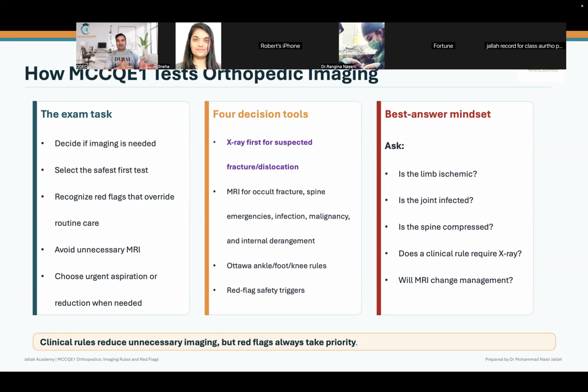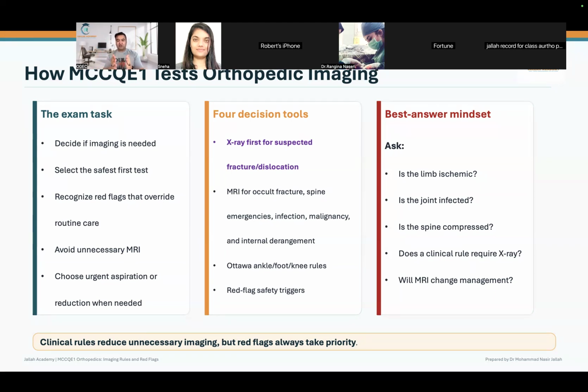So when you go inside, you take the history. Once you're done, obviously it's a combo station, you have to do a physical examination based on the history findings, and then the examiner is going to hand you an X-ray. So now you have to match this X-ray finding with the physical examination and then with the history finding.